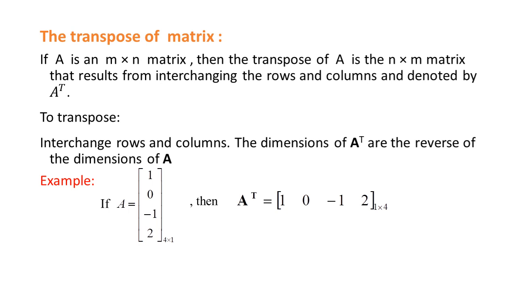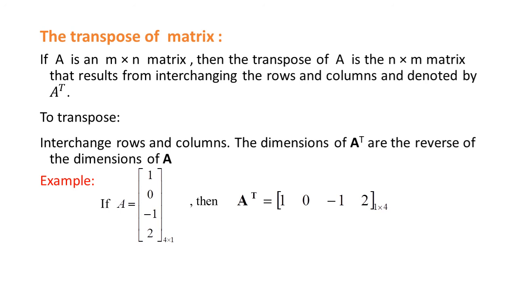It is denoted by A power t, where t means transpose, and A is the given matrix. So the dimensions of A transpose are the reverse of the dimensions of A. Here the dimension means the size of the matrix.